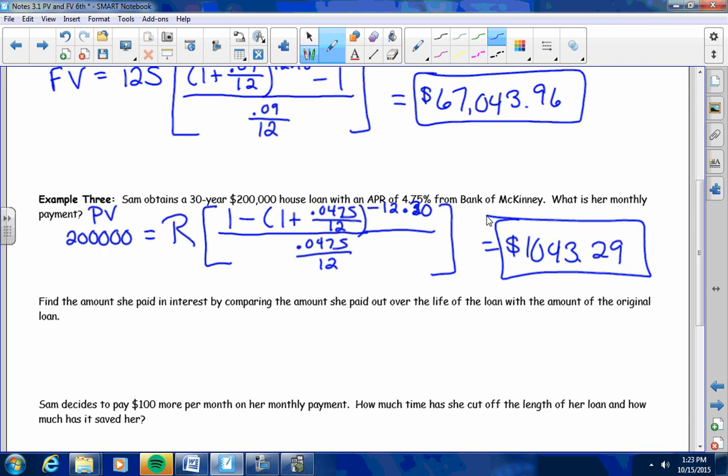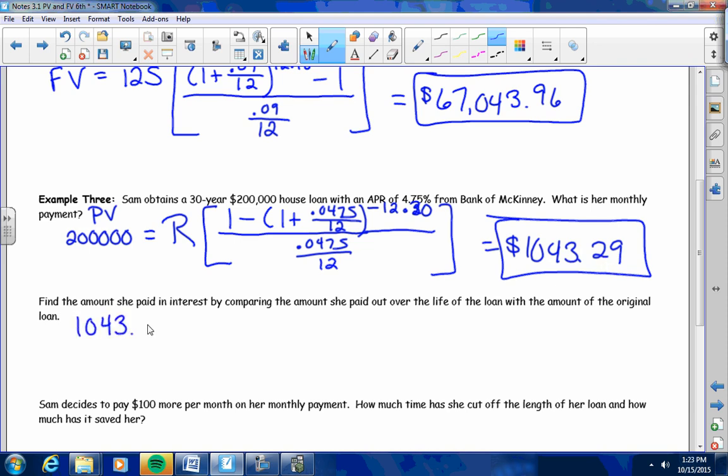Yes, that is a lot of money. Now, find the amount she paid in interest by comparing the amount she paid out over the life of the loan with the amount of the original loan. So if she's paying $1,043.29 every month for 30 years, let's calculate how much in total that actually is.